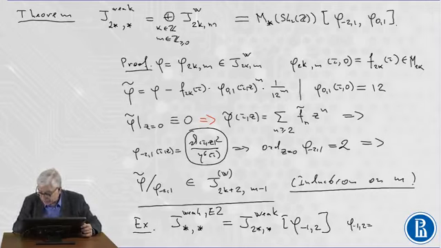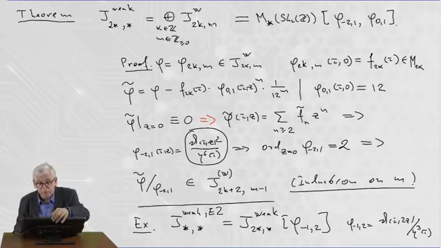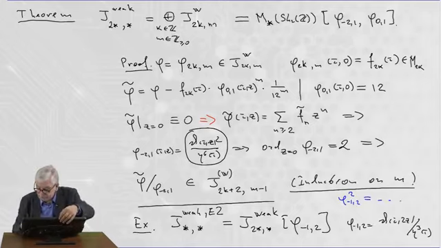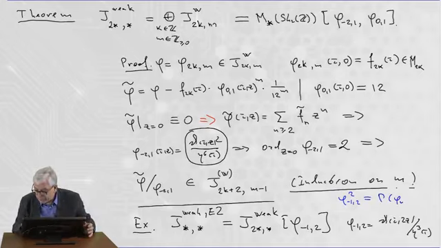This is the function theta(z) over eta cubed, times theta. Moreover, please find its quadratic equation for this function in terms of phi_{0,1} and phi_{-2,1}.